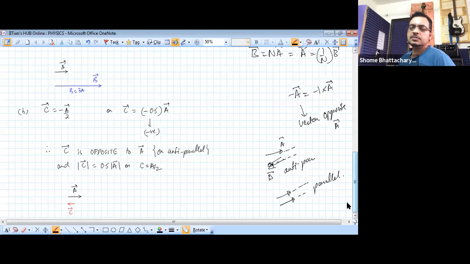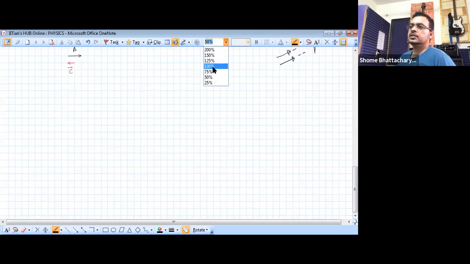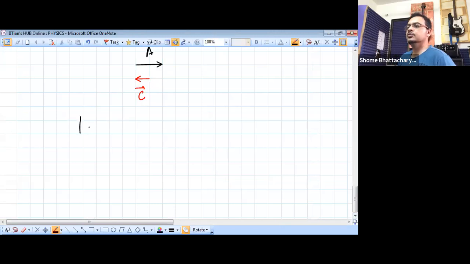No, a vector's magnitude cannot be negative. So, for example, if I ask you, what is the magnitude of minus A? It is the same thing as magnitude of A, which is the same thing as the length of that arrow. Length of a quantity cannot be negative, no? Similarly, magnitude of minus 2 times A is not going to be minus 2A, it's going to be 2A.